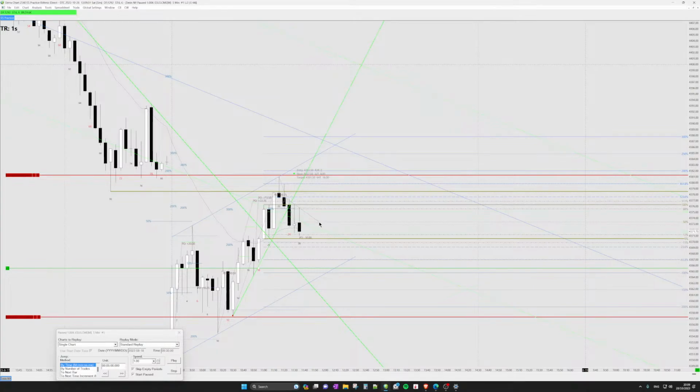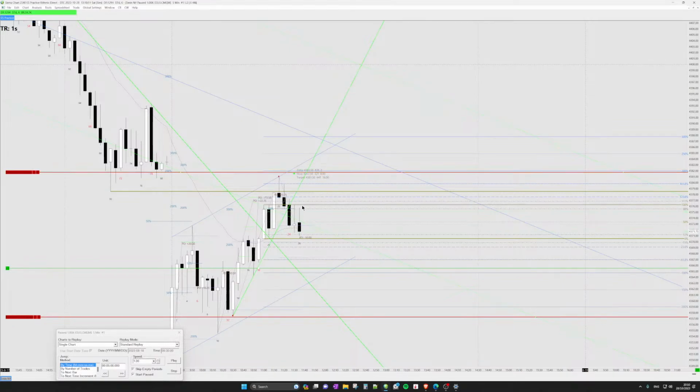Also, those bears, yeah, so they can look for that second leg down to here, and they basically already managed to enter with 2-1, maybe not.